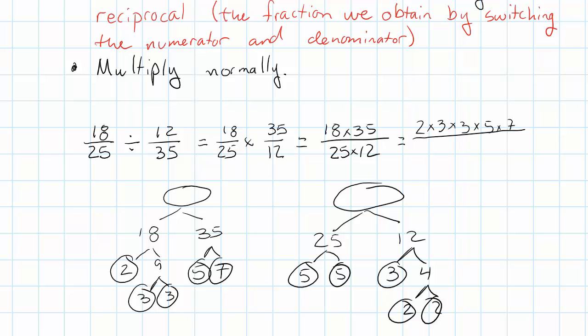My denominator is 5 times 5 times 3 times 2 times 2. 2's cancel, 3's cancel, 5's cancel. That's it. In the numerator, I'm left with 3 times 7 is 21. In the denominator, with 5 times 2 is 10.